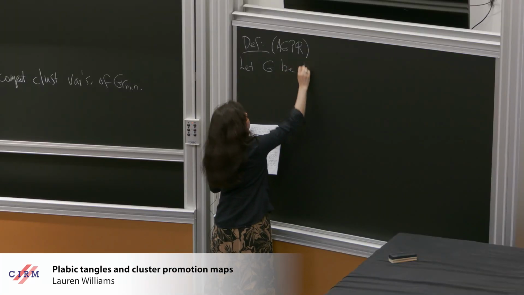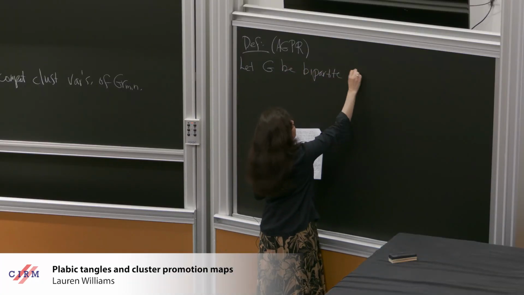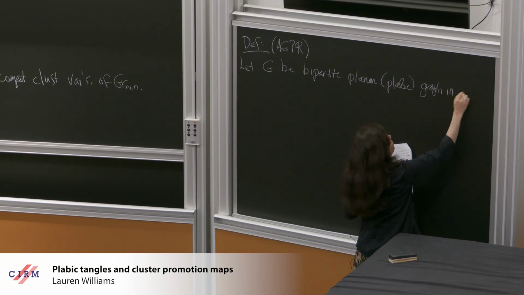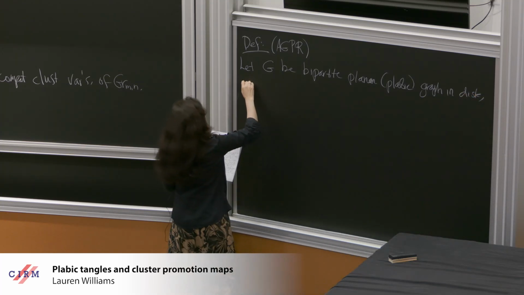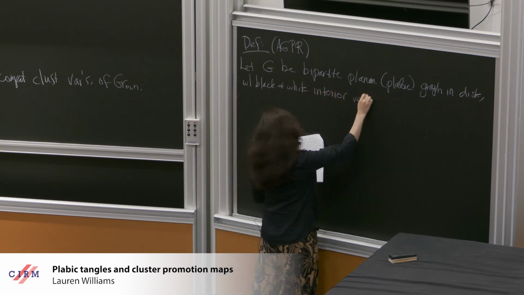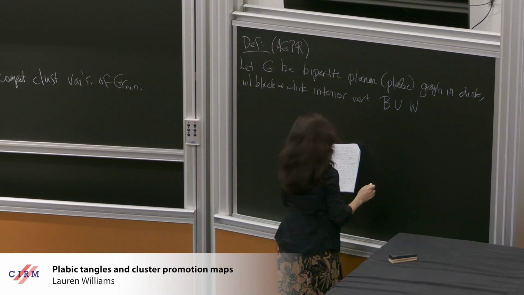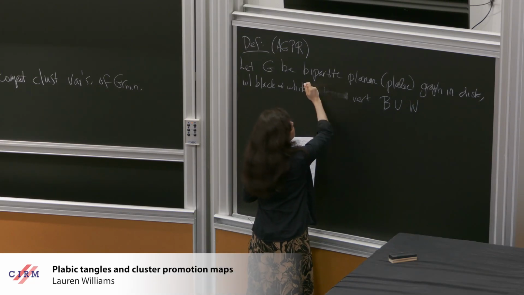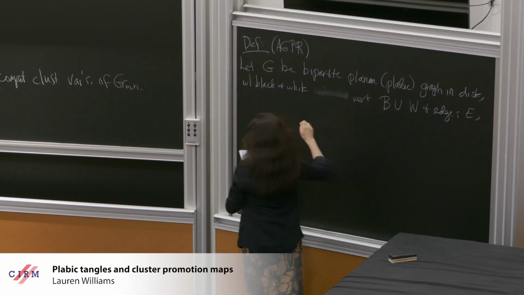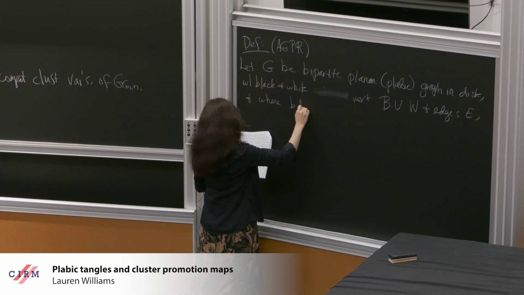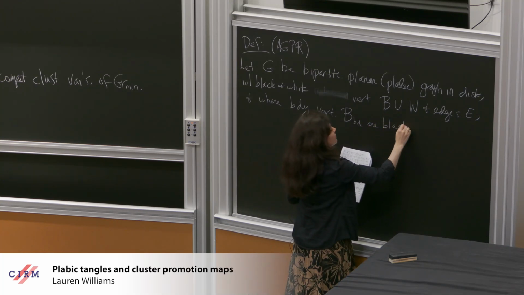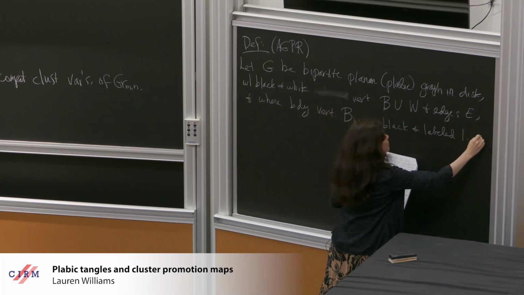So let's let G be a bipartite planar, which I'll abbreviate as Plabic, graph in a disk with black and white interior vertices, which I'll denote by B union W, and edges E, and where the boundary vertices B sub boundary are black and labeled from 1 to n.